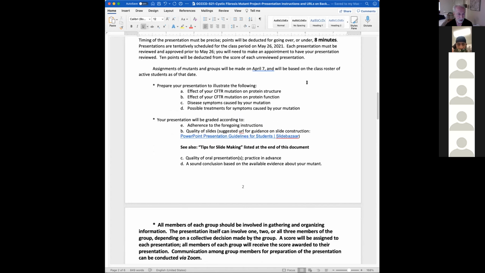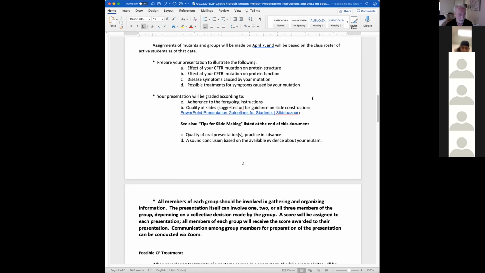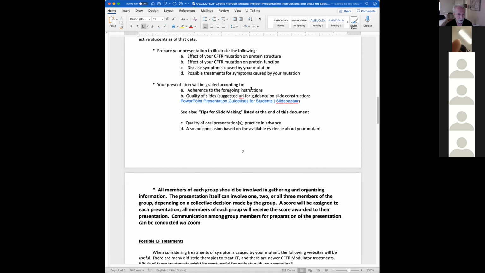Then prepare your presentation to illustrate the following points: the protein structure of your mutant, the protein function of your mutant, where the function breaks down, the symptoms caused by your mutant, and possible treatments for people that might have your mutation.